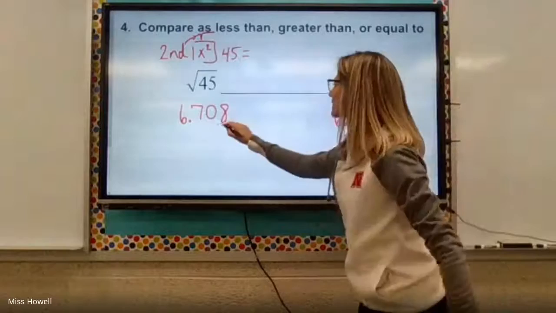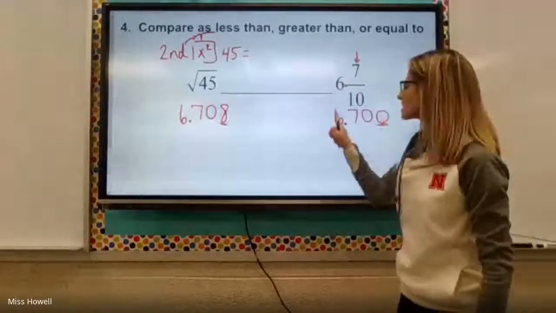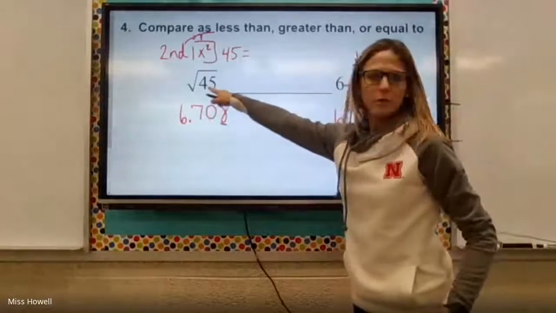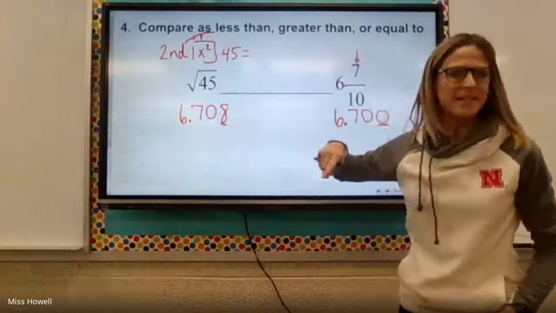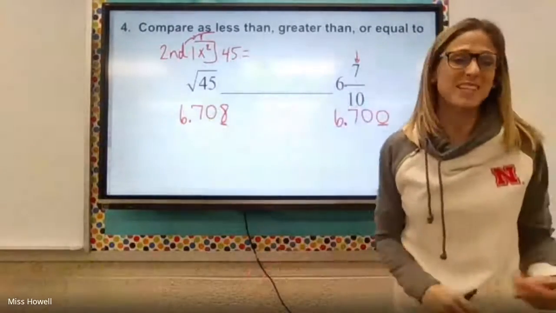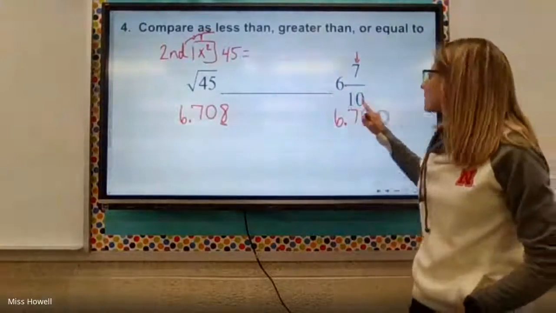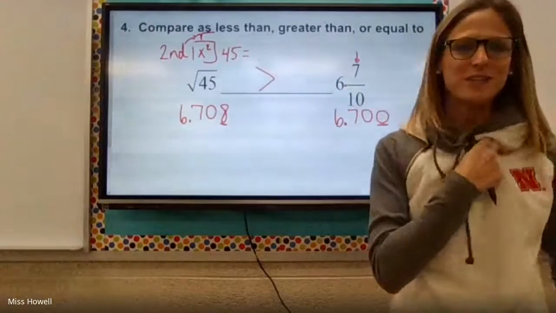And now I'm comparing this 8 to this 0. Whatever's true about these 2 digits is true about the numbers. So if this number is bigger, then this square root of 45 is bigger. If this digit is smaller here than this one, it's less than, and if they matched perfectly again, we would say they're equal, which they are. All right, so 8 is bigger than 0, so this square root of 45 is also greater than, and that should be our final conclusion.